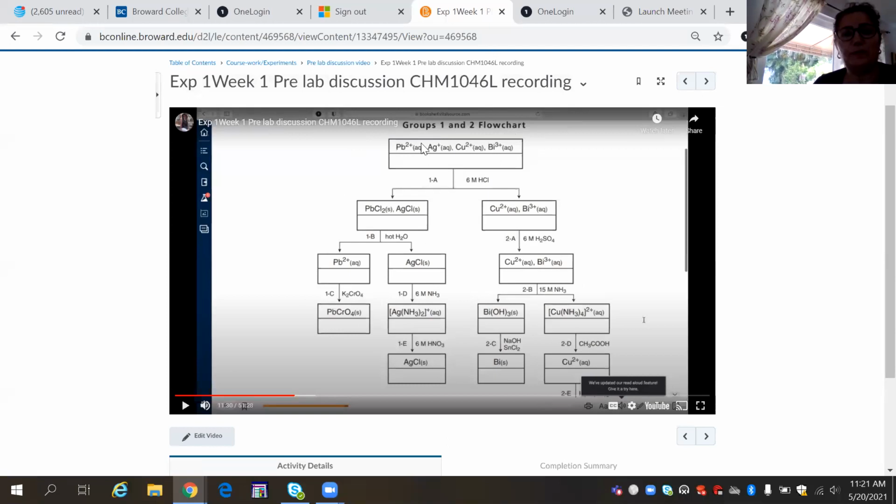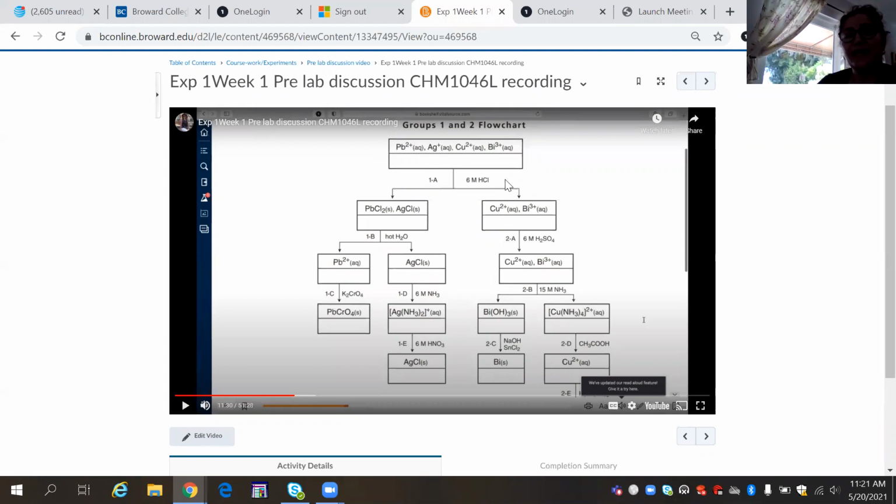In this group, the ions present are lead, silver, copper, and bismuth. Being able to read the flow chart is one of the competencies for this experiment. When you read this flow chart, at the beginning you have all these 4 ions because it's a known sample.